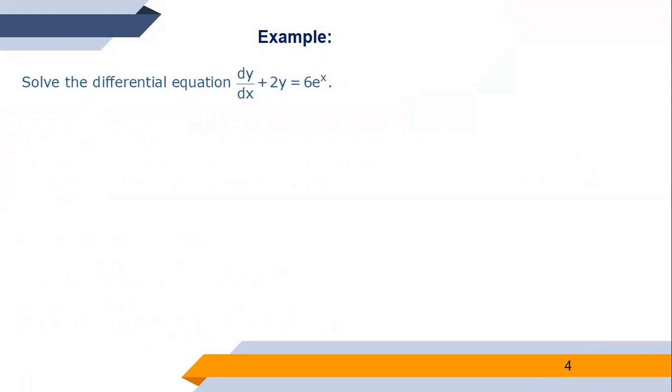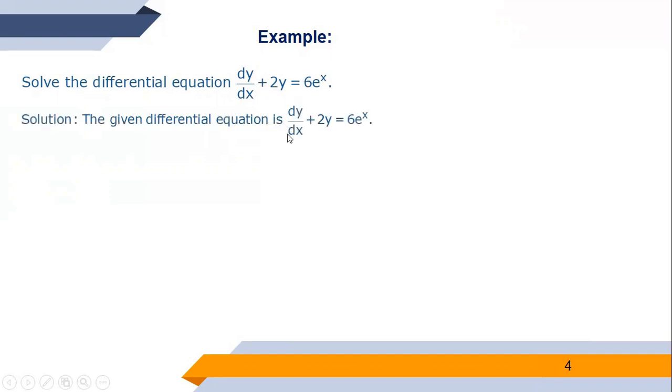Now the next example. Solve the differential equation dy by dx plus 2y is equal to 6 e raised to x. Again we compare with the standard form dy by dx plus p y is equal to q.